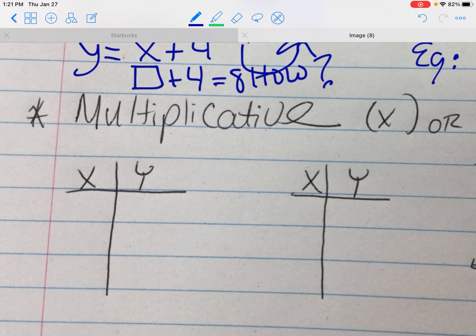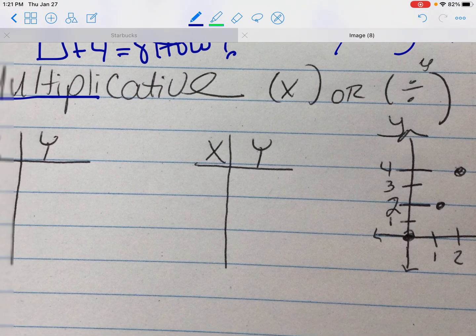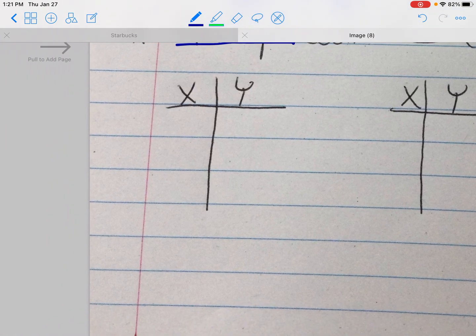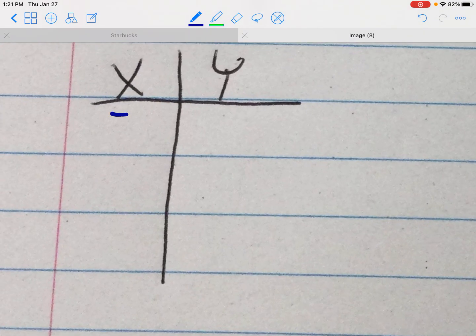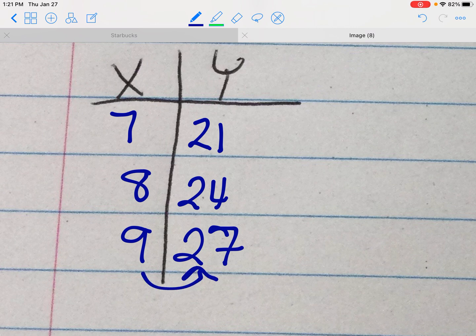Now, multiplicative, see it says multiply. You're either multiplying or dividing. Okay, so let's look at this first one. How do I get from there to there? What do I do to every x value? And it has to be the same rule to every y value.